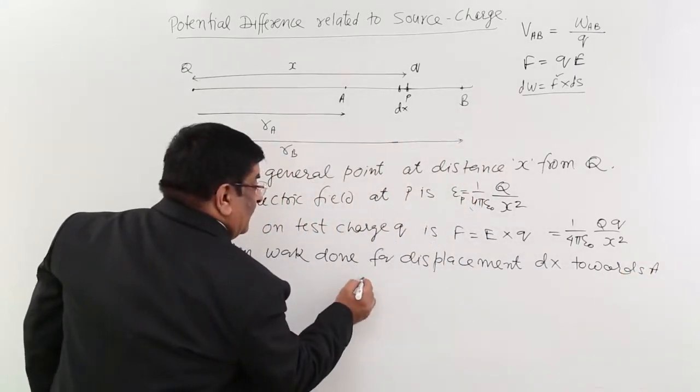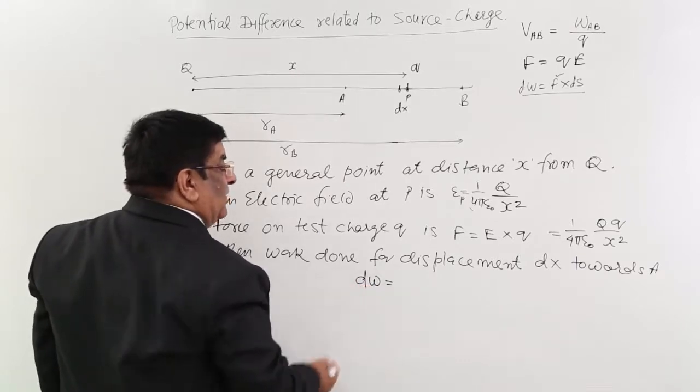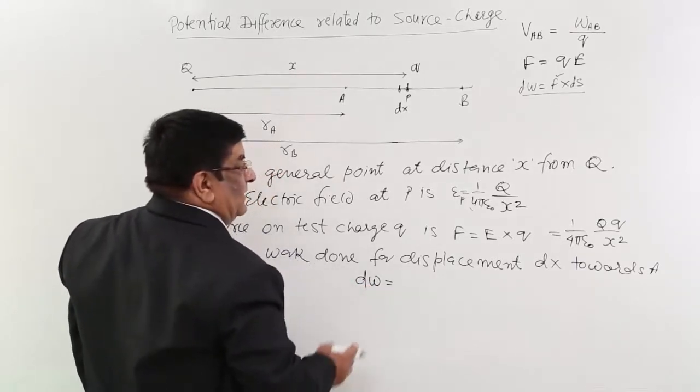The answer is a very small work done, because the distance dx is very small. So work done will also be taken as a small work done, dw.